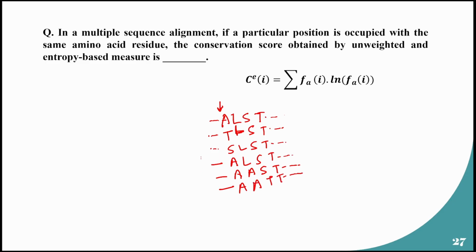If you have something like this, you will see that mostly for the first position, the alanine amino acid stays conserved among all of these sequences that are compared here. Alanine is also sometimes substituting to a threonine, and sometimes to a serine amino acid residue.